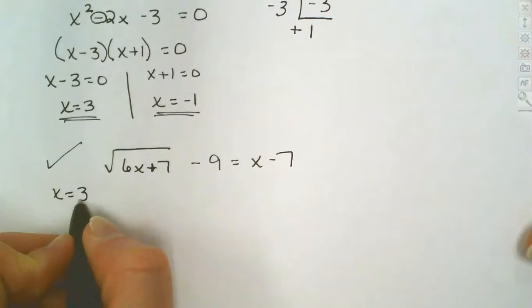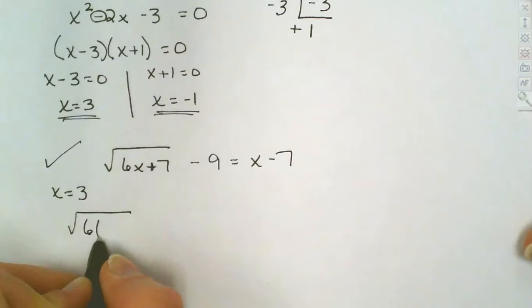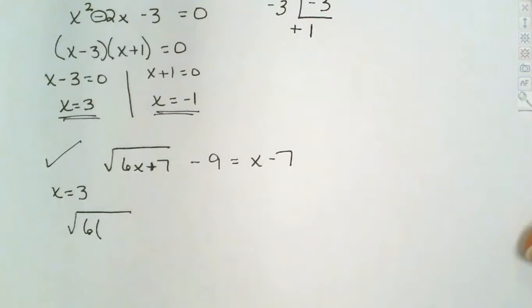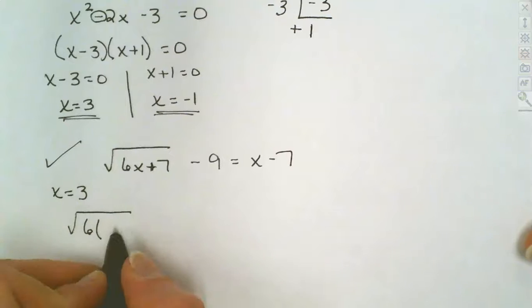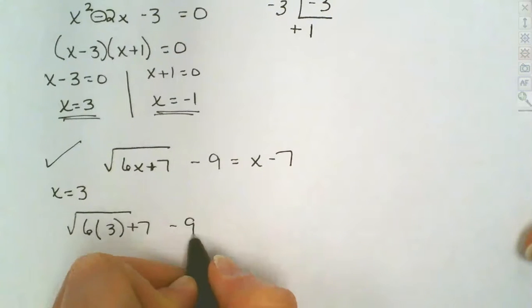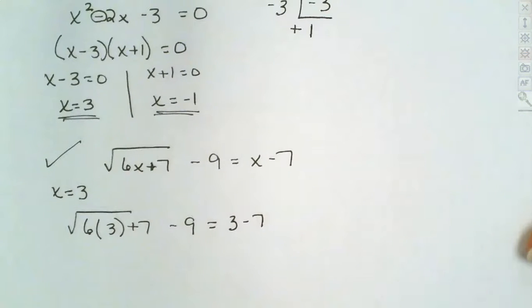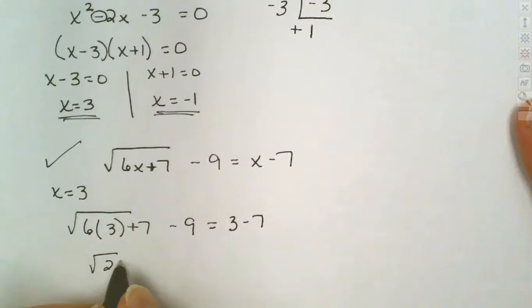Let's check x equals 3. That's going to then be replacing the square root of 6 times 3 plus 7 minus 9 equals 3 minus 7. 6 times 3, that's 18. And 18 plus 7 makes it the square root of 25.